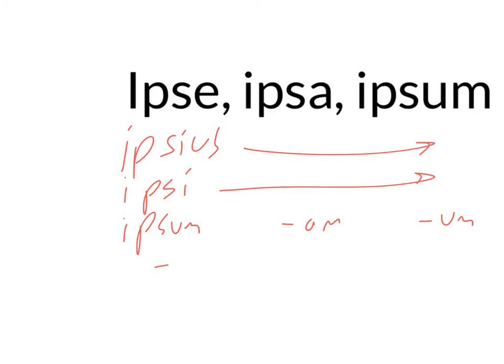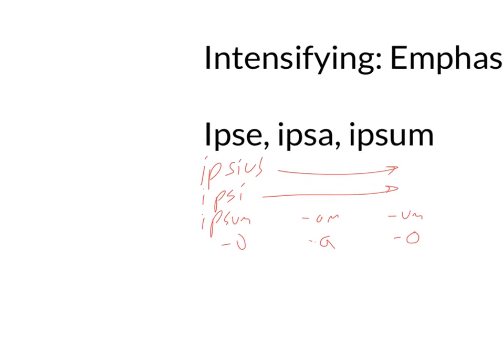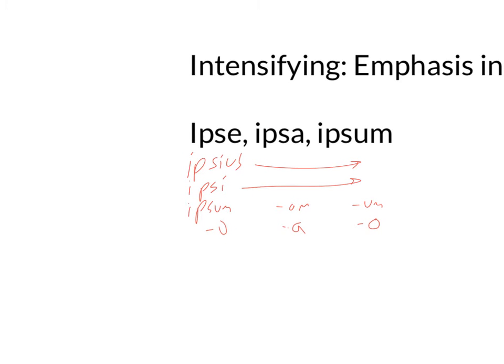So it actually just follows normal patterns. But it's a lot like illa, illa, illud. If you think of it like that, then it'll work, except instead of illud, you have ipsum. Same forms, but it is a pronoun, so you do have these genitive and dative i things going on here. And then, of course, it has plural forms too, but they're pretty standard.